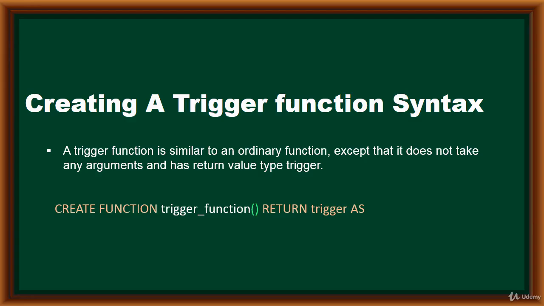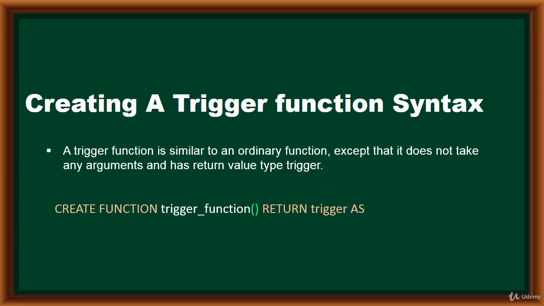You start with the create function keyword followed by the name trigger_function, and then you have returns trigger as. So that's the syntax for creating a trigger function. You can create trigger functions using any language supported by PostgreSQL.